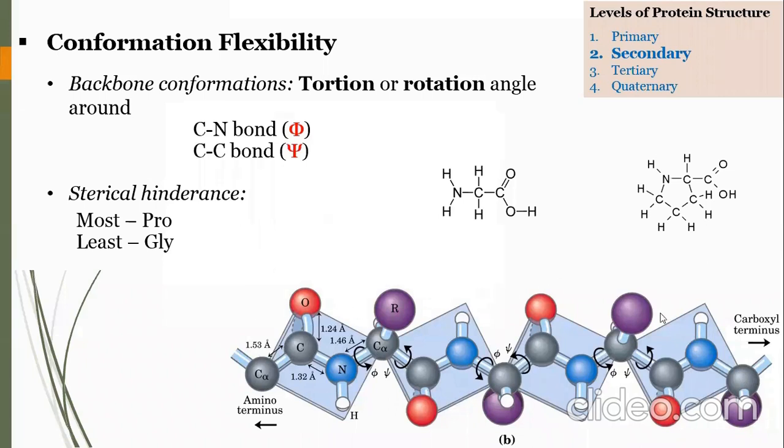Other amino acids will not behave differently, but if we have these two amino acids in the sequence, they will behave differently from the other amino acids, and that's simple. Going ahead, we will be discussing how we can determine the secondary structure.